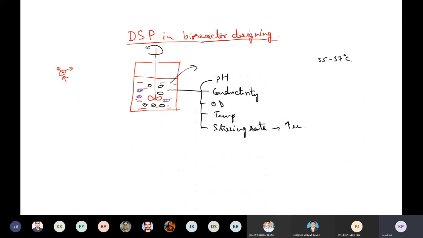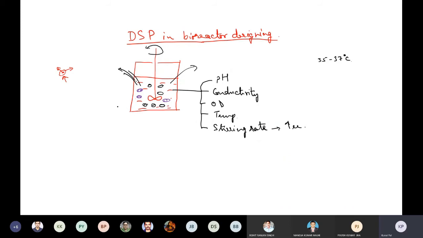Then you want to measure how many cells have grown. So at regular intervals, you can sample out something and automatically analyze. You may have an automated sampler and analyzer which will sample out the things over here, and then measure the OD. Suppose there is an excess number of cells which have grown.